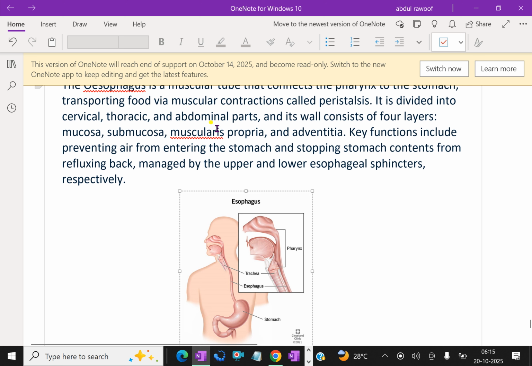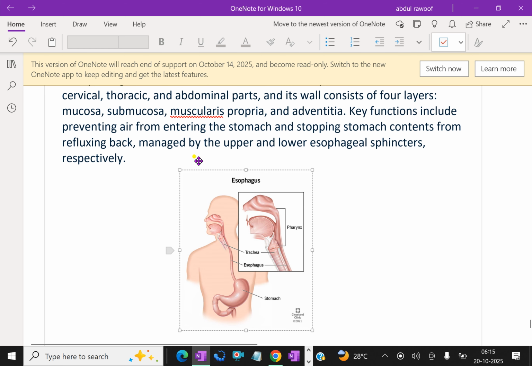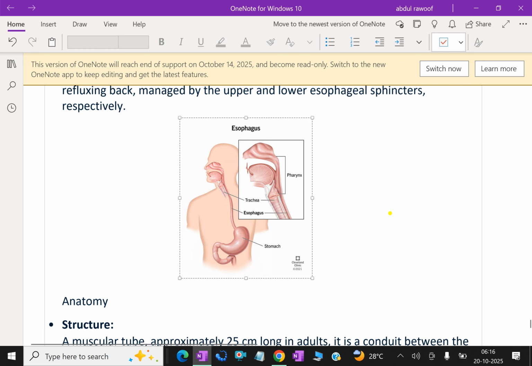It is divided into the cervical, thoracic, and abdominal parts, and its wall consists of four layers: mucosa, submucosa, muscularis propria, and adventitia. Key functions include preventing air from entering the stomach and stopping stomach contents from refluxing back, managed by the upper and lower esophageal sphincters respectively.